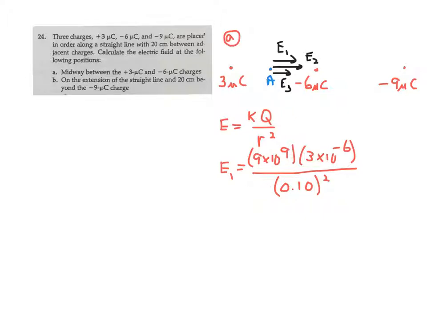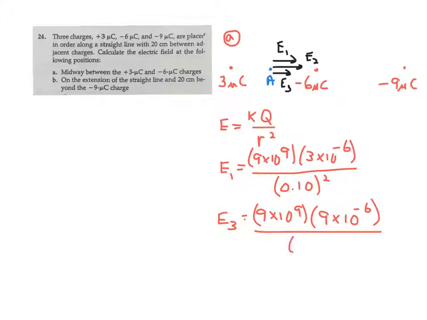And now for E sub 3, you can calculate it if you want to play it on the safe side. E sub 3 would be 9 times 10 to the 9th times 9 times 10 to the negative 6, because we're calculating the electric field now due to that 9 microcoulomb charge way over there to the right, but it's 30 centimeters from point A, and you square that.